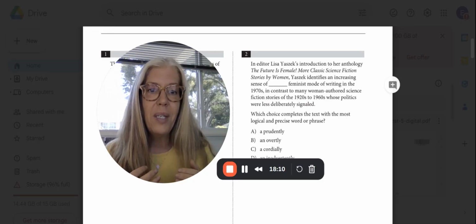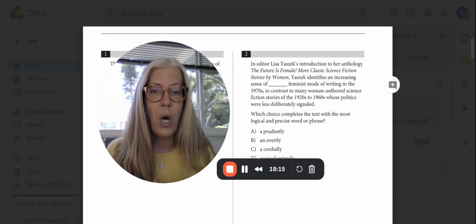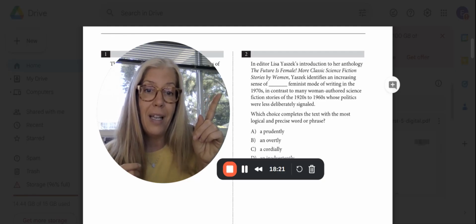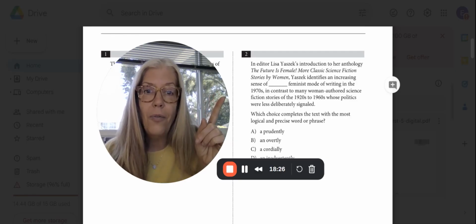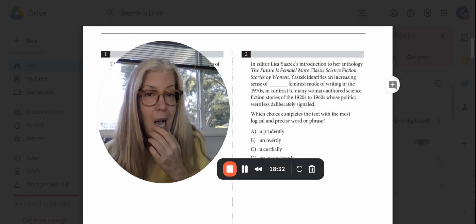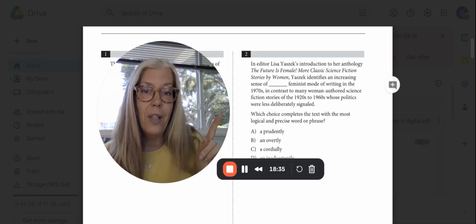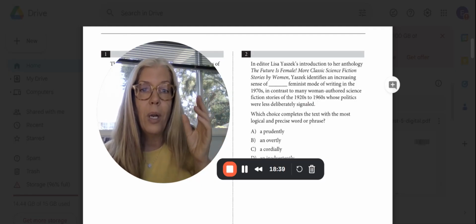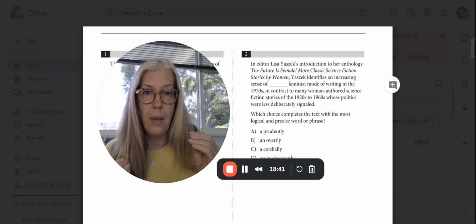So, in contrast to many women-authored science fiction stories in the 1920s and 60s whose politics were less deliberately signaled, would it make sense for us to take that and put that up here? An increasing sense of a more deliberately signaled feminist mode. You see what we did? We stole. We know it's the opposite because it's a contrast. They told us in contrast, and we have less deliberately. So the contrast is going to be more deliberate. So I'm going to go with a word that just means more deliberate.